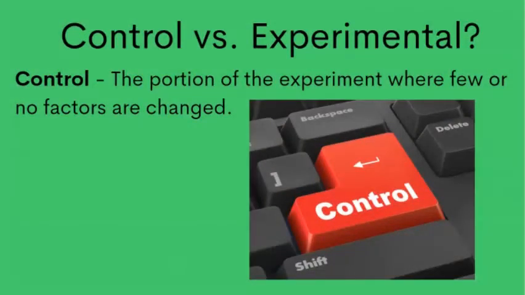Control versus experimental. Control is the portion of the experiment where few or no factors are changed. This ensures that your experiment works.